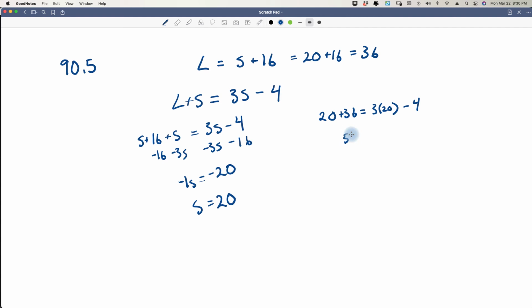So we have 56 equals 60 minus 4, which equals 56. So those are correct. The small number is 20 and the large number is 36, and those are correct.